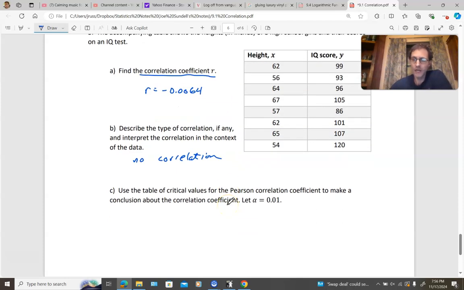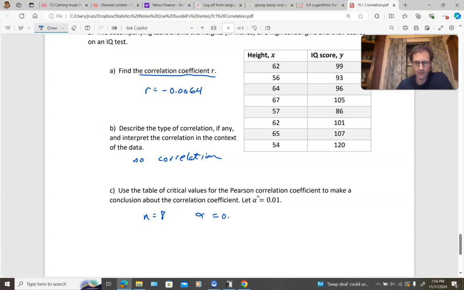But what we're going to do now is actually declare whether statistically this is significant or not. And we're going to use this value of alpha, 1% essentially. So we're going to look back at that table. Our sample size, put this in the notes, n is equal to 8.